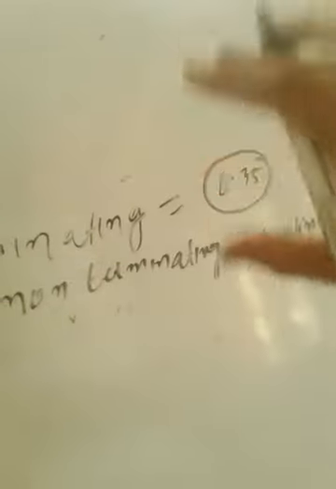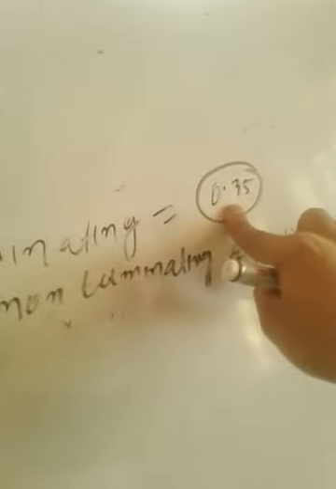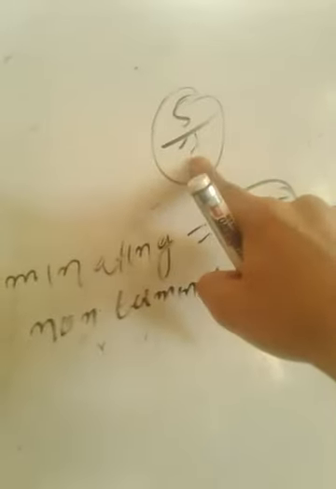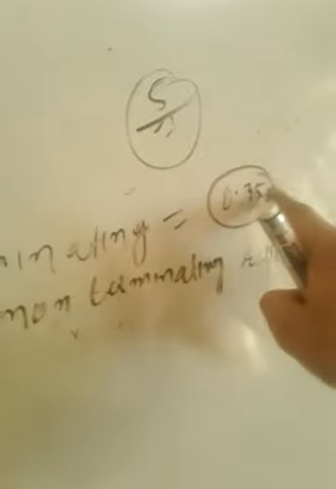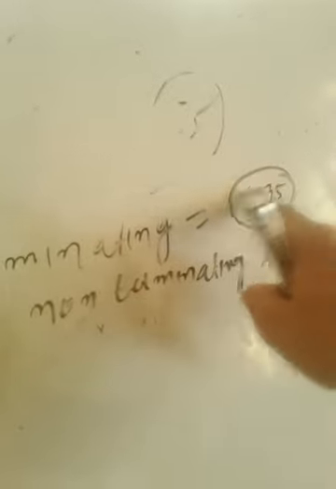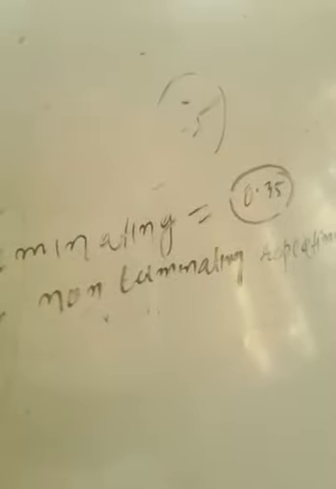If you divide two quantities, for example 5 by 8, and complete the division, you will get a number like this 0.35 or something else. This is terminating, which means the remainder is 0 and further division is not possible. Hope you will get it.